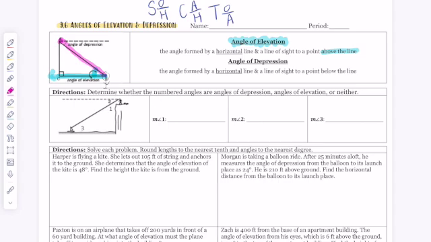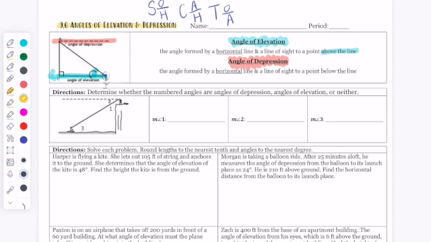So then what is an angle of depression? This angle of depression is going to be formed by, again, a horizontal line and a line of sight to a point below the line. So if you have person A, let me erase this. If you have person A, their normal line of sight, if they're standing up here, would be straight ahead. So you see their horizontal line.